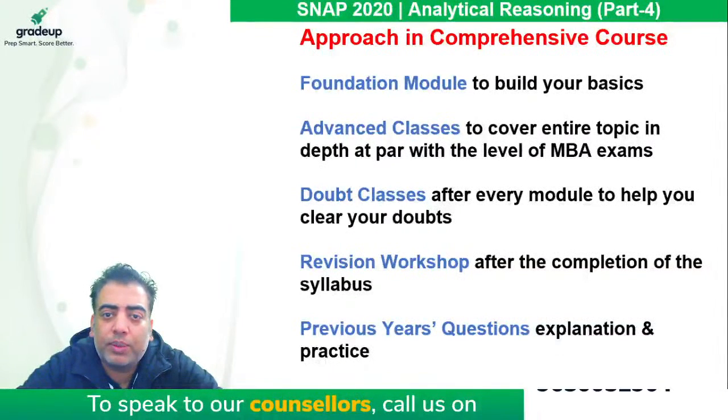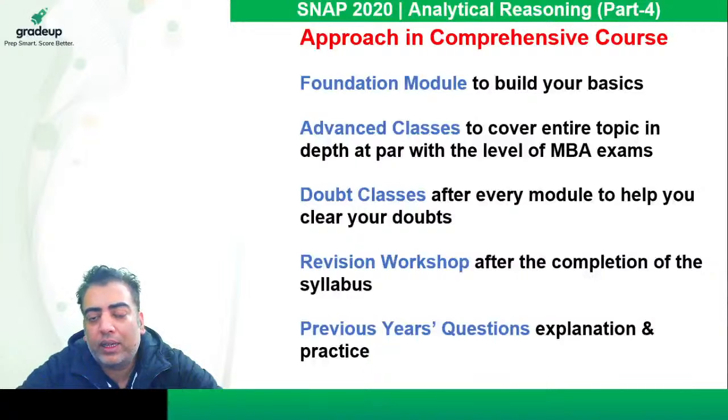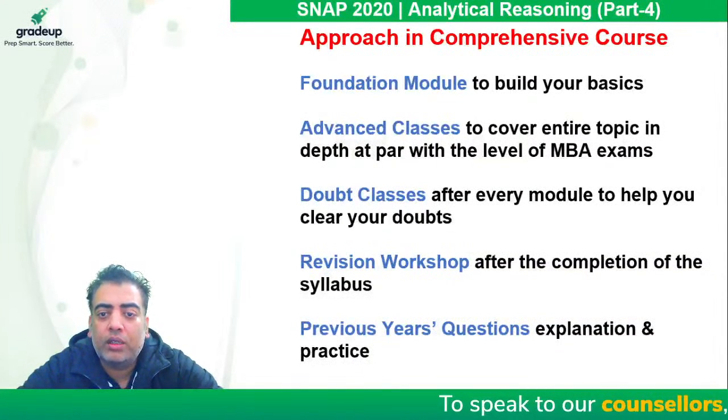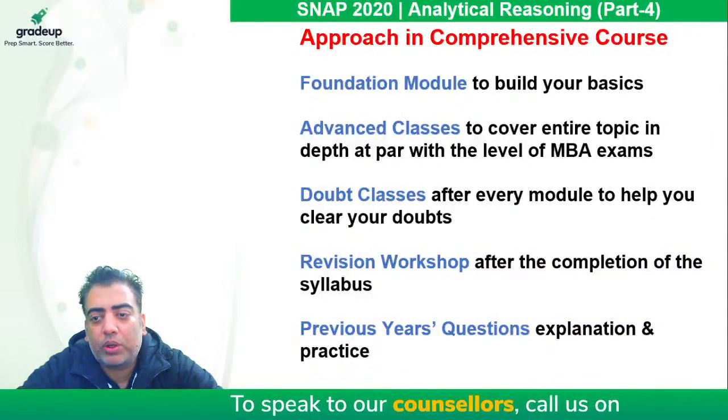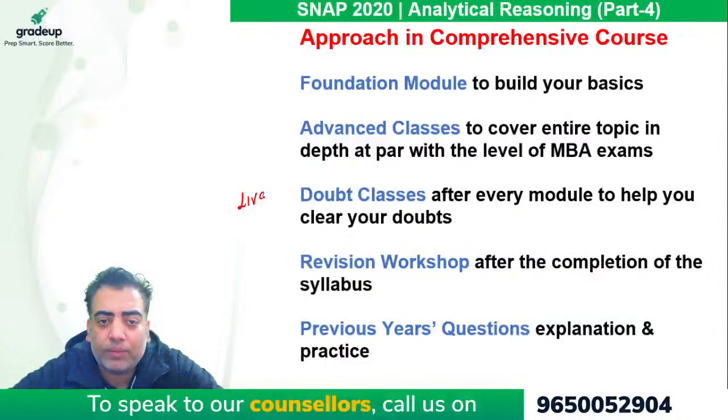All those things will be addressed in the foundation module. Then we move on to advanced classes to cover the entire topic again in depth, at par with the level of MBA exams. Doubt classes after every module will be there.